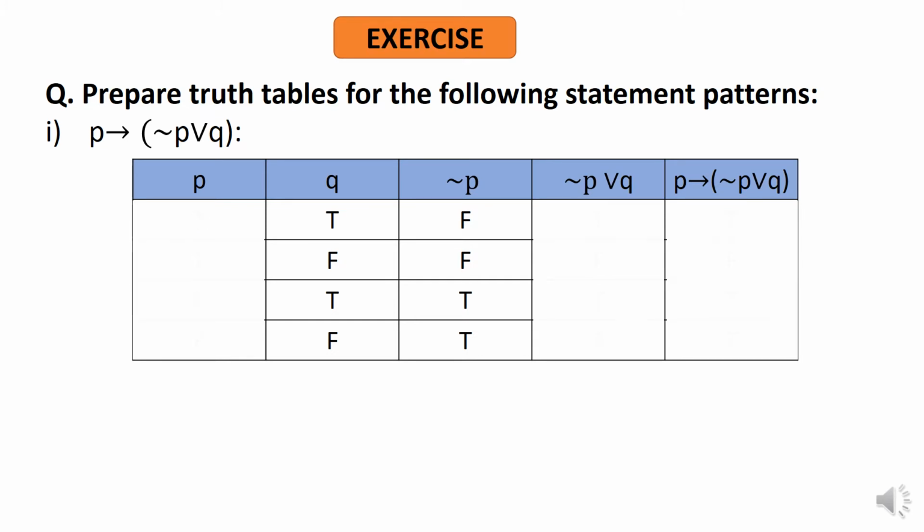So, the first one, false or true, that is true. False or false, false. True or true, true. And true or false, true. In the same order, that is in the order of not P or Q.